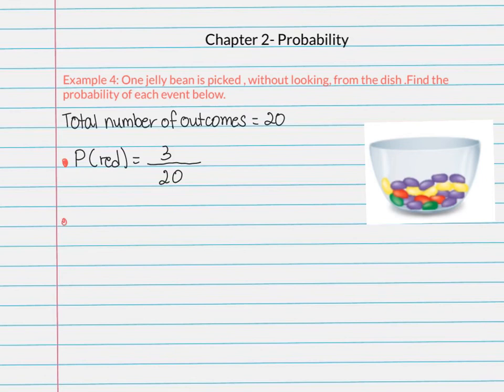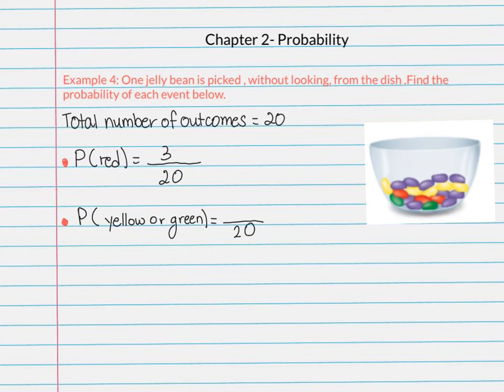Another example. Find the probability of having yellow or green. Remember, here we have "or", the fraction of denominator 20.